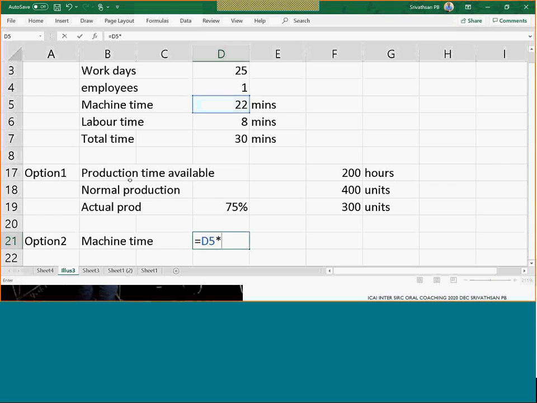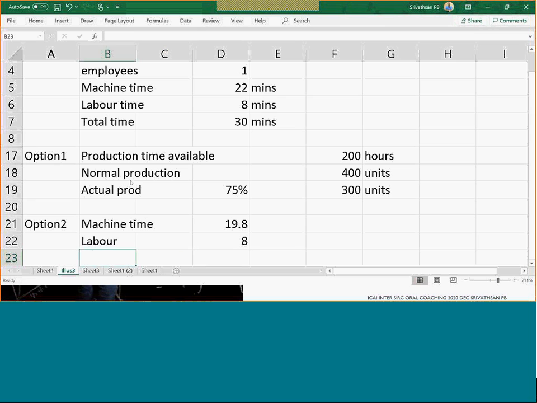2 minutes, again 2%, to 9%. Labor no change, 8 minutes.